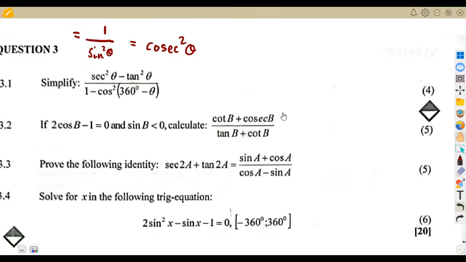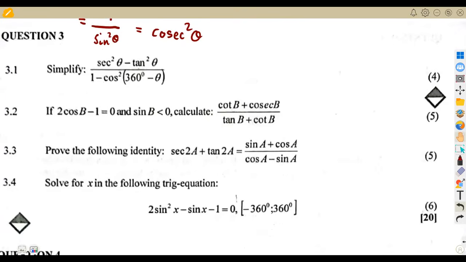Then the other part, item 3.2, was another question that needed you to be very careful in your simplification. The information that we are given here, that 2 cos b minus 1 is equal to 0, gives us a certain part to work with.